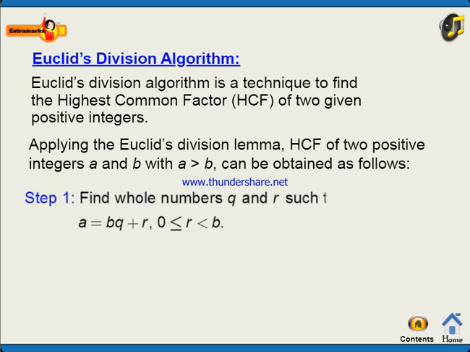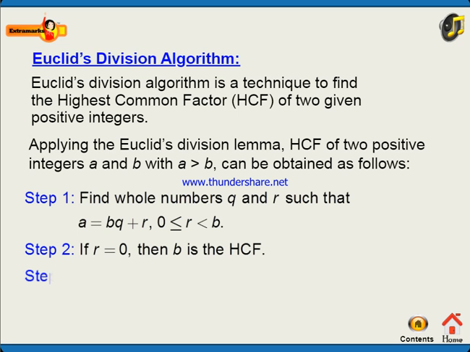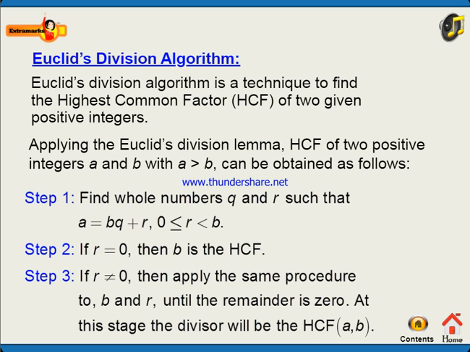Find q and r such that a is equal to bq plus r, where r is greater than or equal to 0 and less than b. If r is equal to 0, then b is the HCF. If r is not equal to 0, then we apply the same procedure to b and r until the remainder is 0. At this stage, the divisor will be the HCF of a and b.